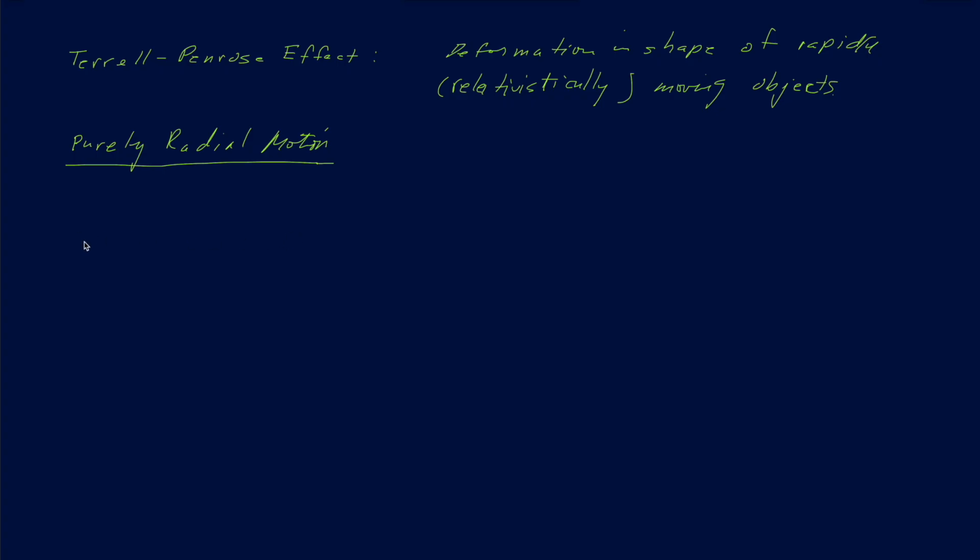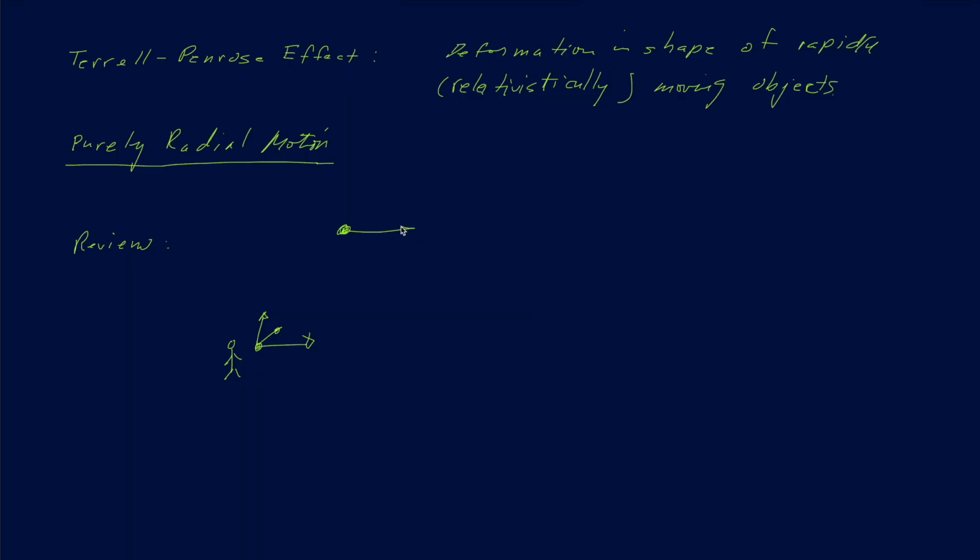Let's just start with a review first of all. Here's a review. Let's say we have an observer down here. He's at the origin of a set of coordinates, x, y, z. And out here let's start with a single point source.